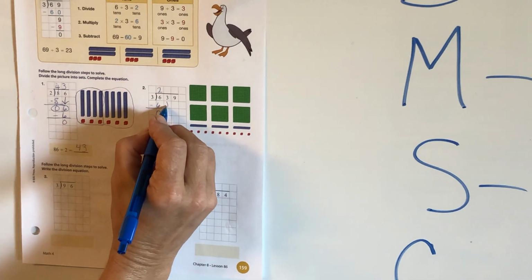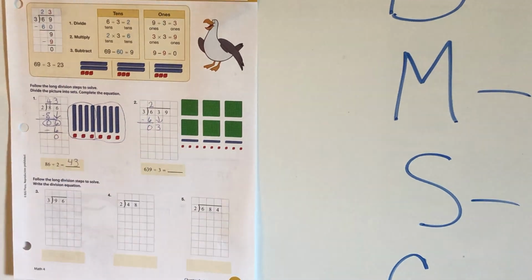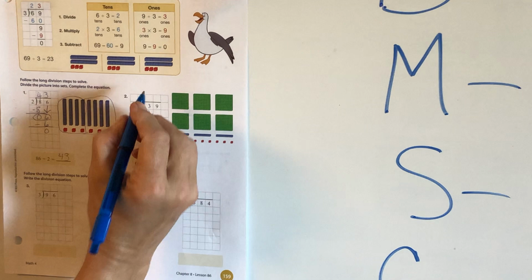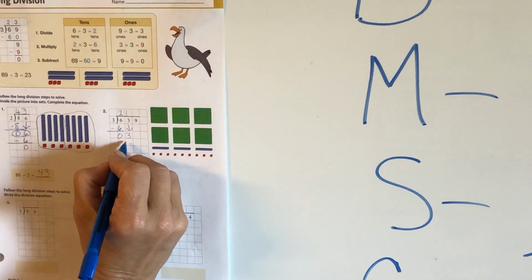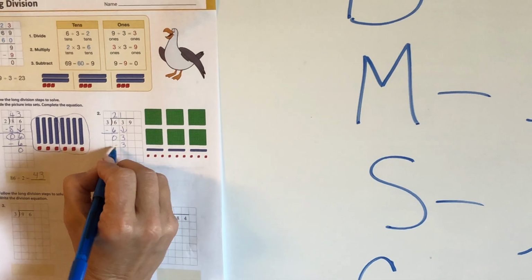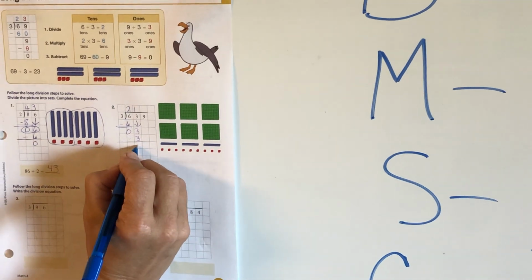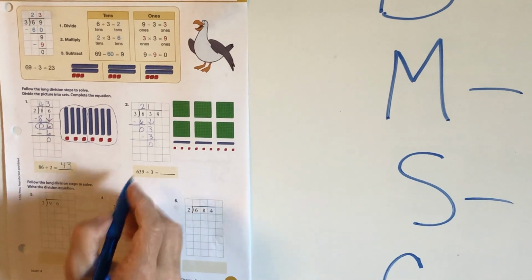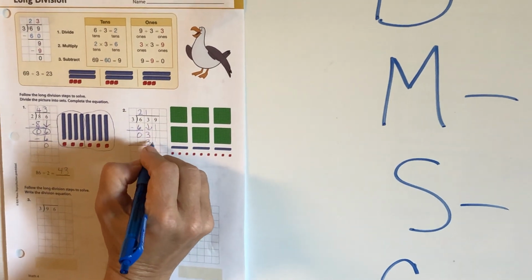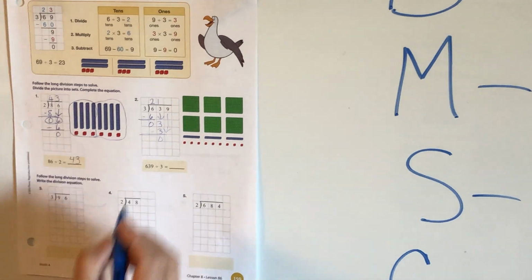Make an arrow. 3 will go into 3 one time. 1 times 3 equals 3. Subtract, and you have 0. Compare, and you're okay there, so bring down your 9.